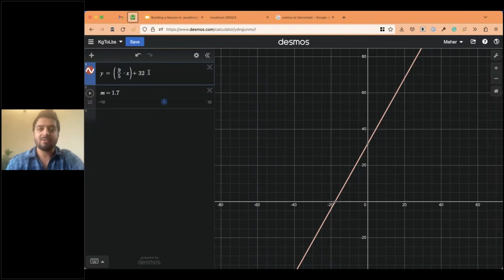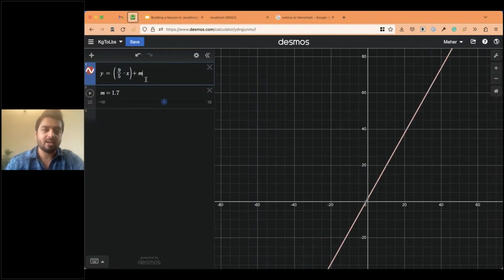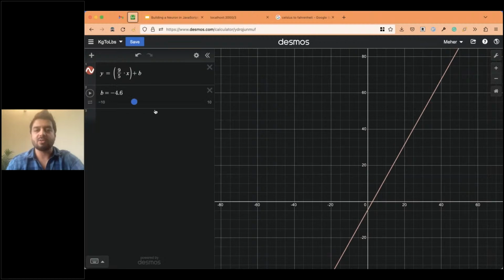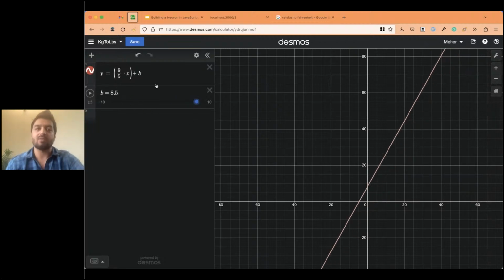This plus term lets you, when I adjust the b, translate the line across the axis and make it go above or below the 0, 0. I'll not explain what bias is in detail, but I hope you got the feeling of what bias really does here.